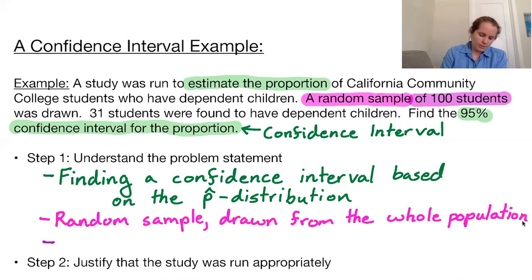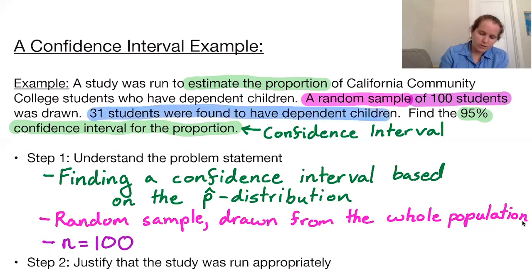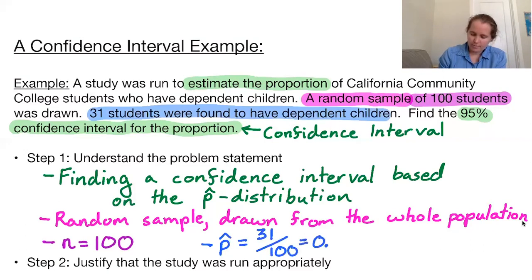We know that our sample size n is equal to 100. We had 31 students out of those 100 who had dependent children. So here's our 31 students having dependent children. That can give us p-hat. We have 31 out of 100, or 0.31, who have dependent children.